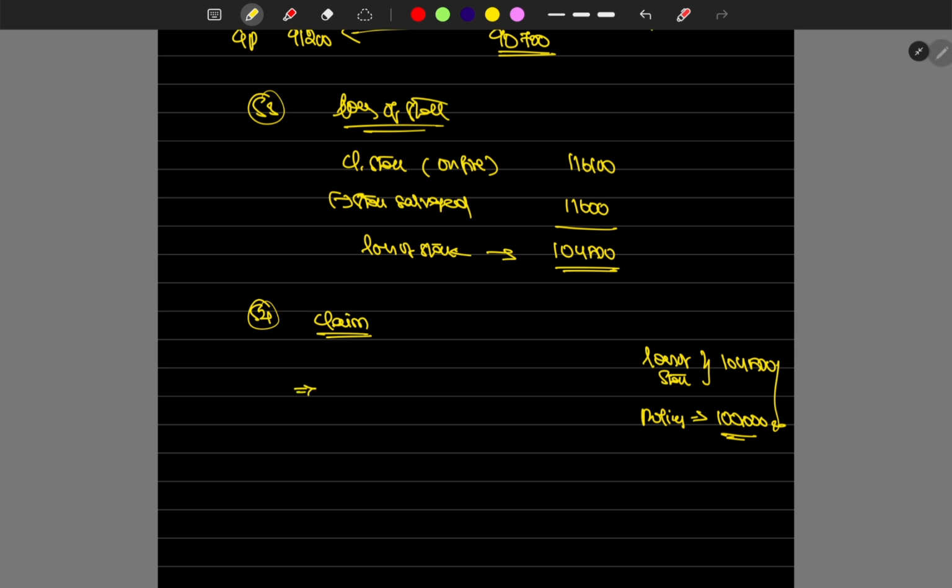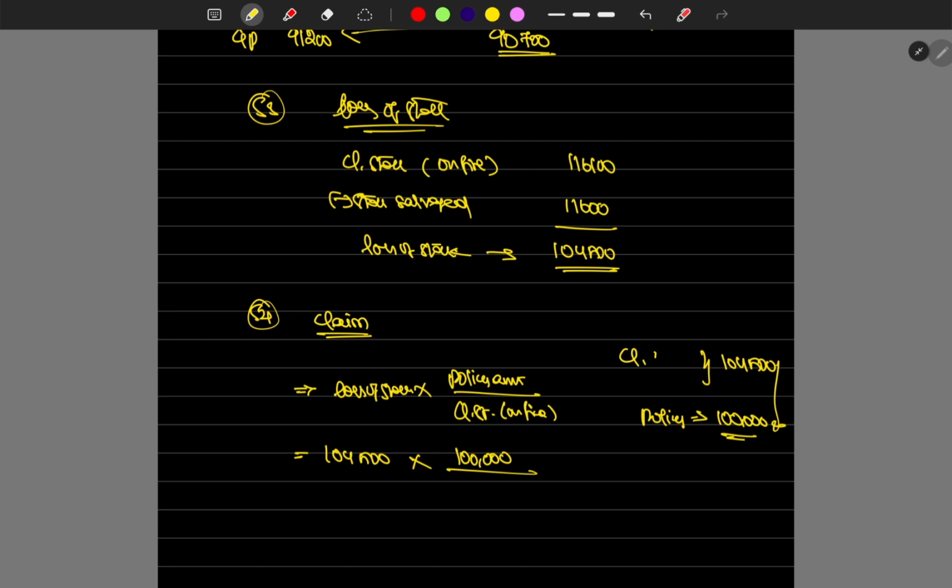So what's the loss of stock, which is 1,04,500? The formula is loss of stock into policy amount divided by closing stock on the date of fire. Sorry, we should not compare the loss of stock here. This is the closing stock. For the stock level, we have to compare the policy amount.